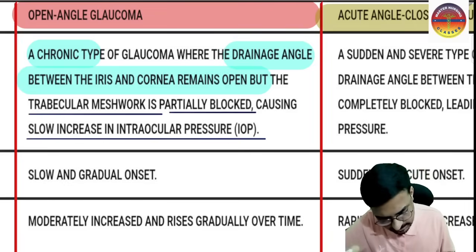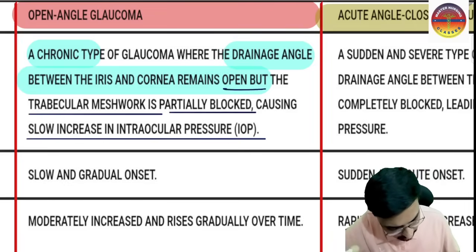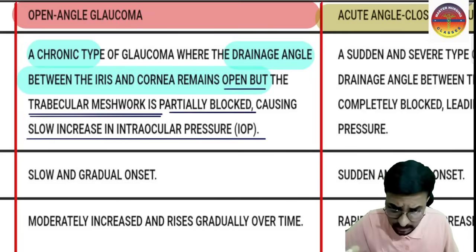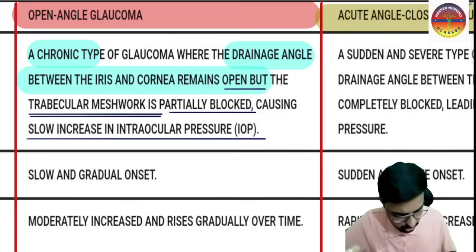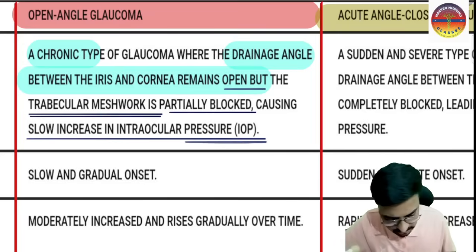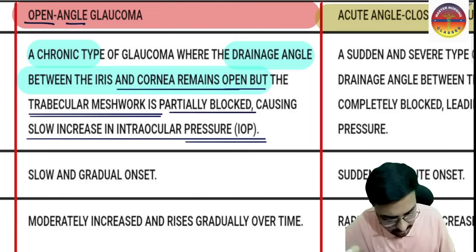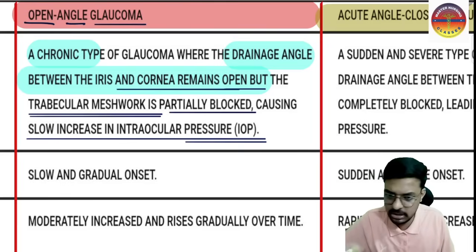Because of the trabecular meshwork problem, there is no drainage of the aqueous humor, so the IOP is raised. That is open angle: the angle is open, IOP is raised, that is the glaucoma.